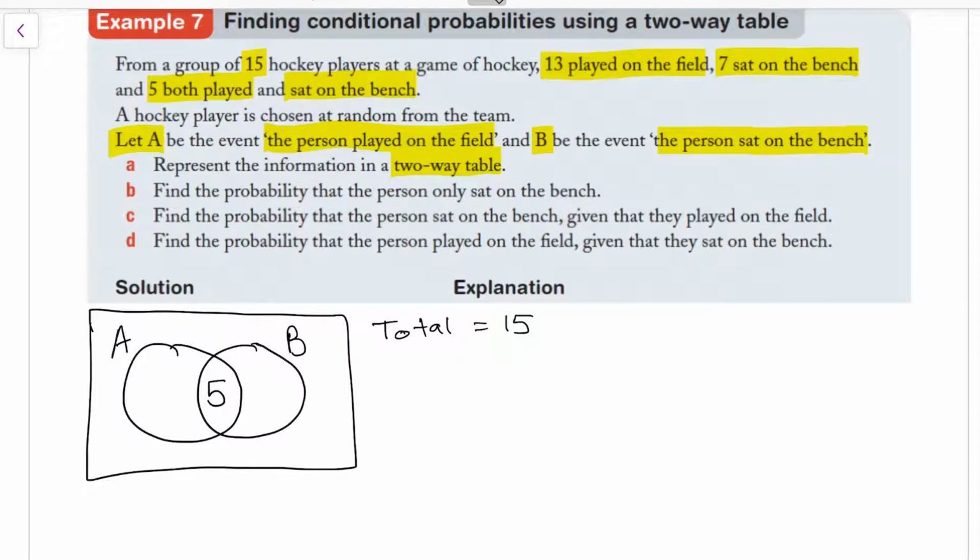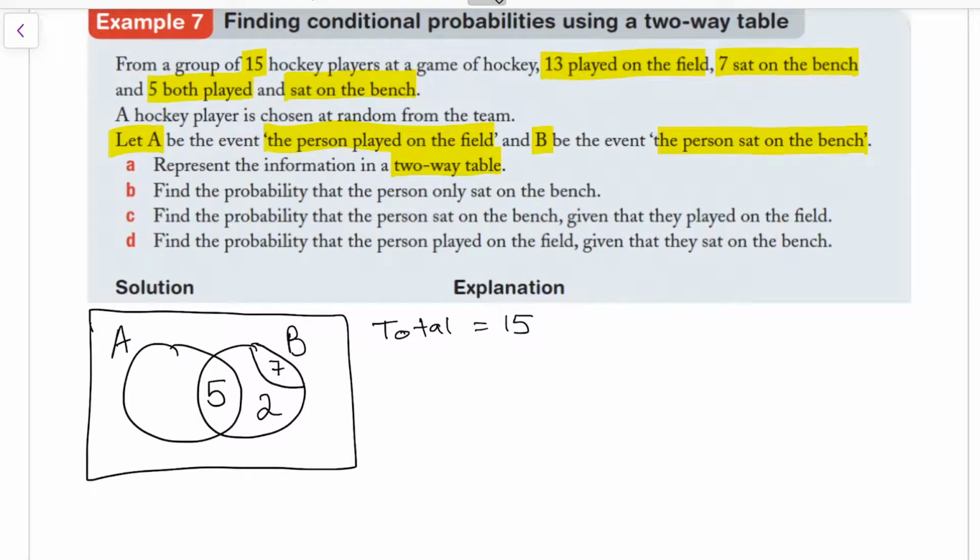Then we had 7 that sat on the bench. But that 7 also includes the 5 that played both. So how many only sat on the bench and did not play? Well, that was 2. Okay.